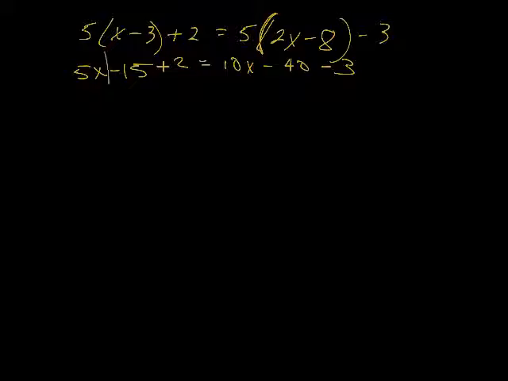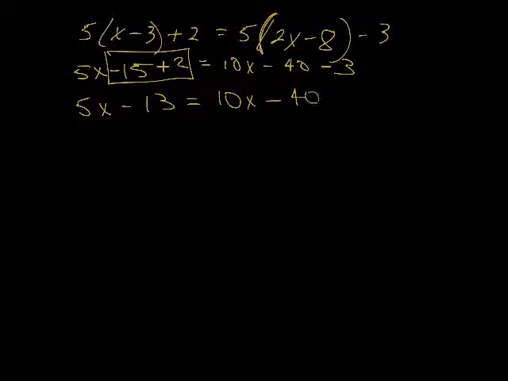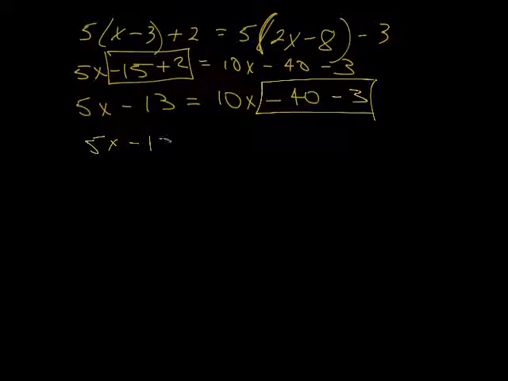Let's combine like terms. Those are alike, so we have 5x minus 13. Take the difference between the two, sign of the largest one on the top. 10x, the signs are the same, so we add. Plus the sign is negative, so we'll put that on there. And we still have our minus 3 here. So this is going to give me negative 43. Okay, let's add 13.